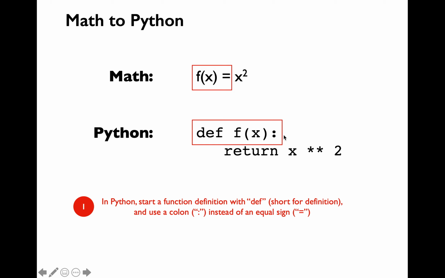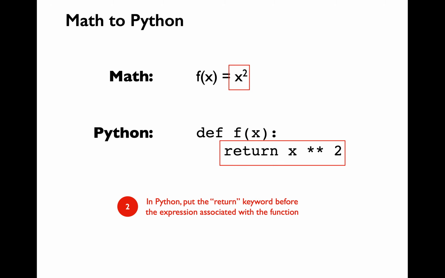The colon can be thought of as equivalent of equal to in your math definition. Within the parenthesis, if you have parameters, you list them by using comma as a separator. In this particular example, you only have one parameter which is x, so you only list x here.